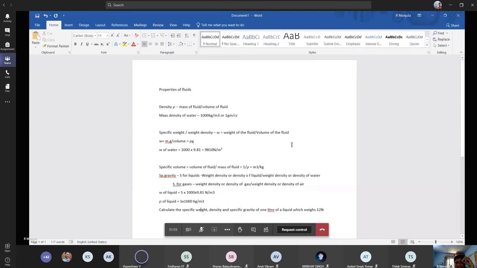12,000 Newton per meter cube, ma'am. Which one? W. Okay. Good. Next, I will write. Who is answering? Tell me the name. Density is 1224.4. Okay.